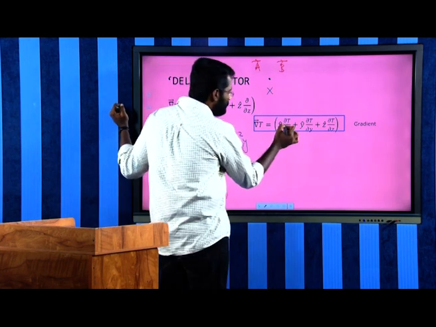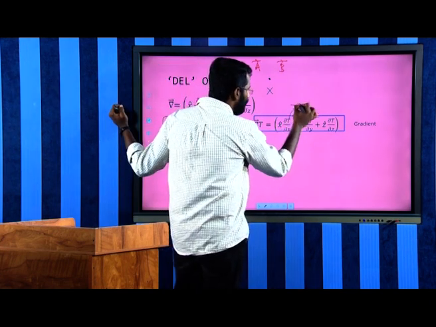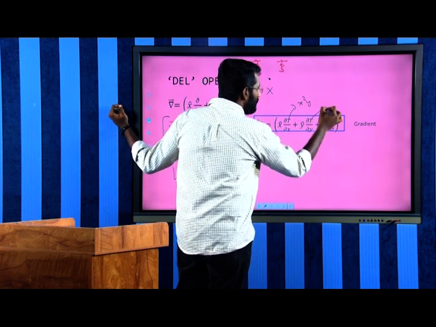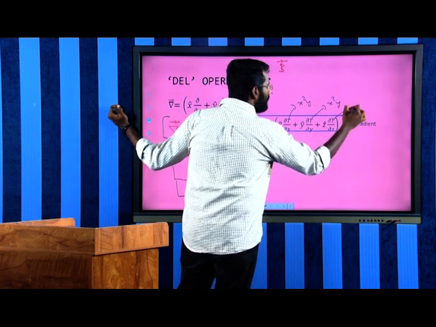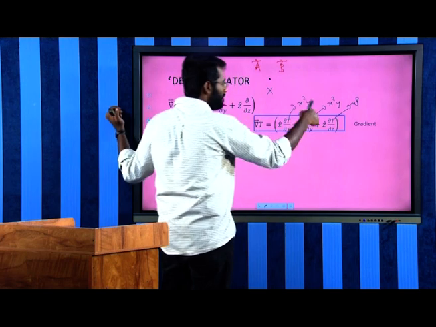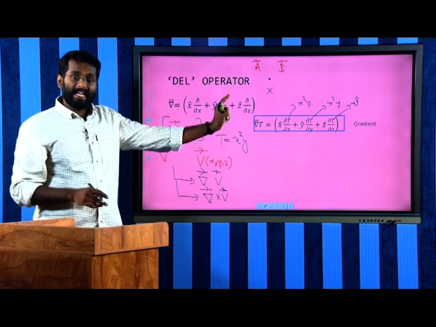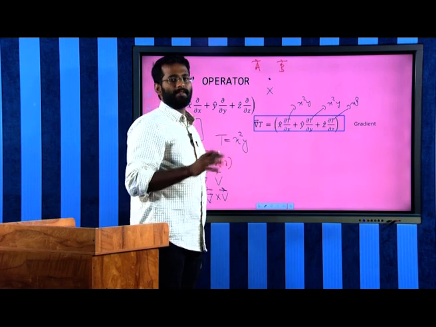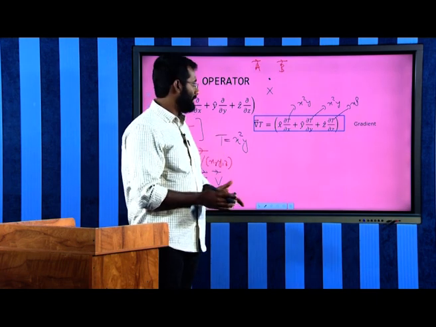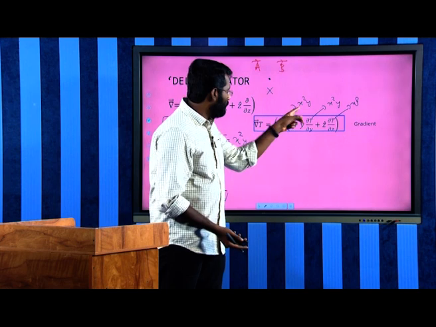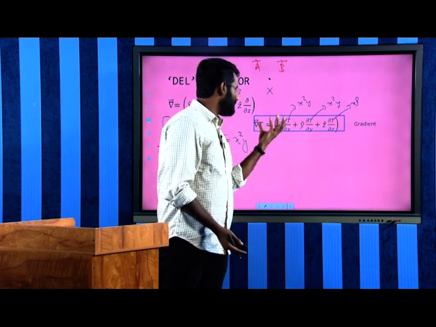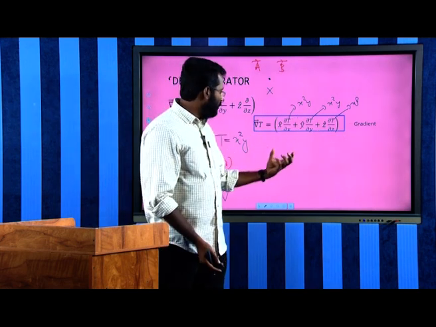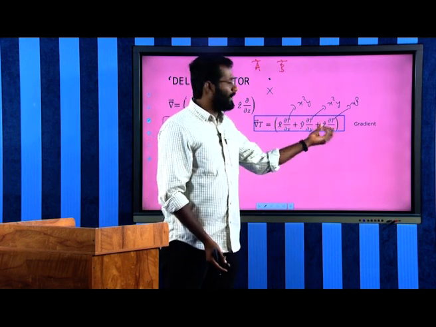So instead of this T we can put x square y here, and x square y here, and x square y here. Just take the partial derivatives and you will get an answer. T actually does not have any x cap or y cap because it is a scalar field. But here you can see when you plug all these values into this del T expression and find the output, you will get x cap, y cap and z cap there.